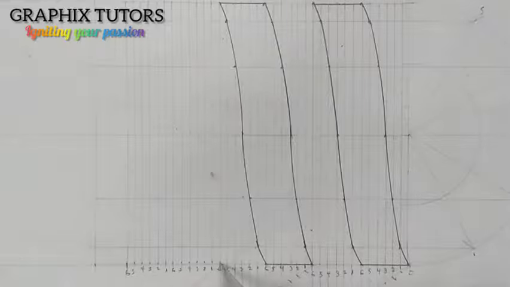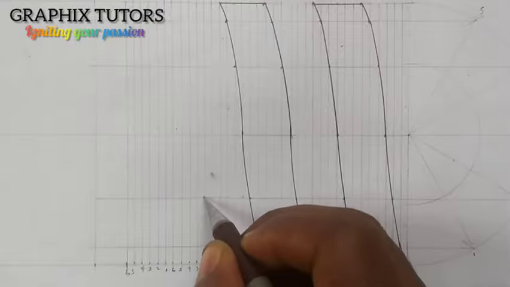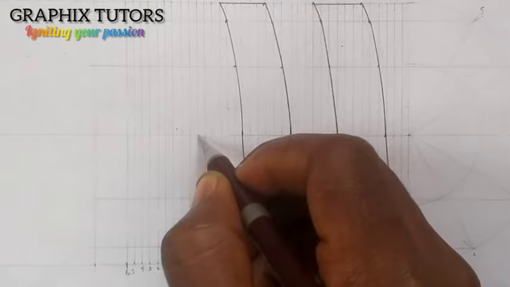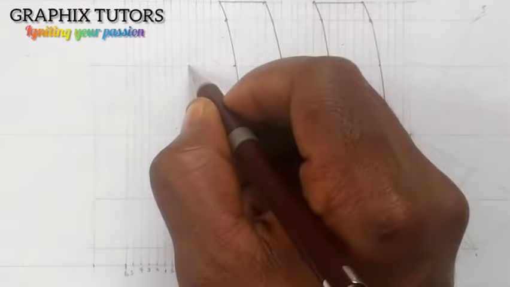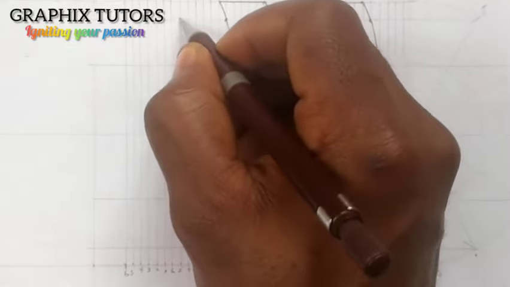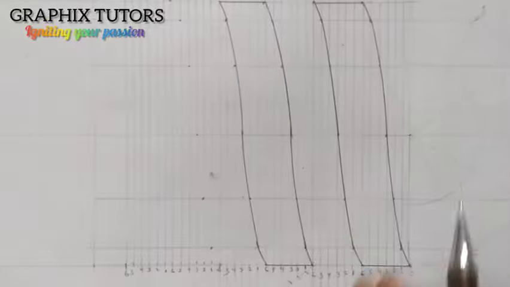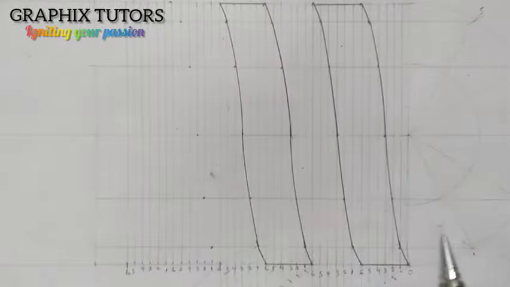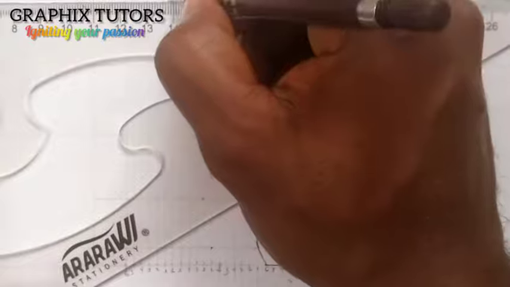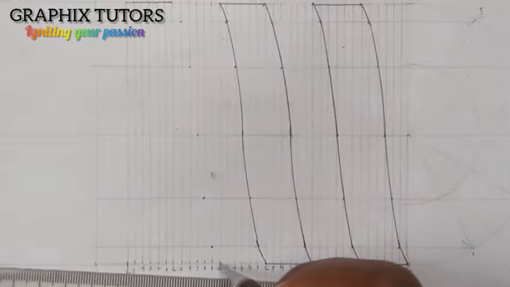Then go to the next line, down to the next line, the next line, and the next line. So from this 0, 1, 2, 3, 4, 5, 6, you draw a straight line that will reach that 6 point. Then also from 6 to 6.